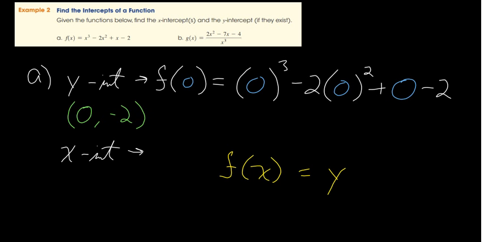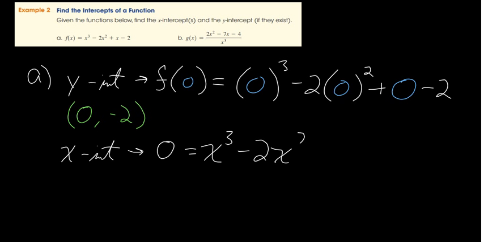So we can take that knowledge and rewrite this equation as 0 is equal to x cubed minus 2x squared plus x minus 2. All I did was change this f of x into a 0. Once we did that, I know that I now need to solve for x.